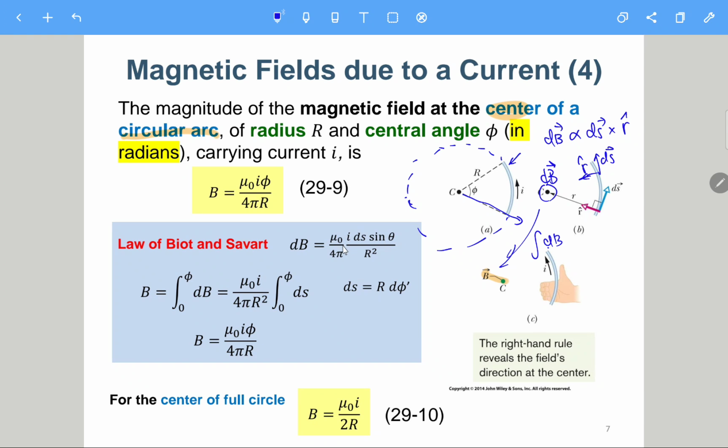In this case, mu 0 over 4 pi R squared, I, all of these terms are constant.